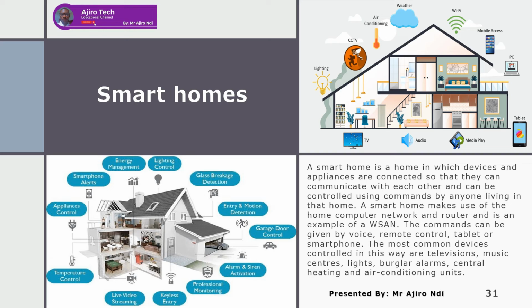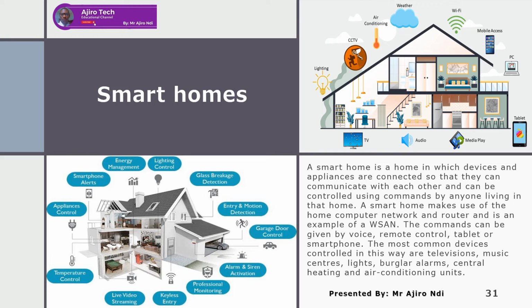A smart home makes use of home computers, networks and a router, and an example of a WSAN, which means wireless sensor and actuator network. The command can be given by voice, remote control, tablet, or a smartphone.